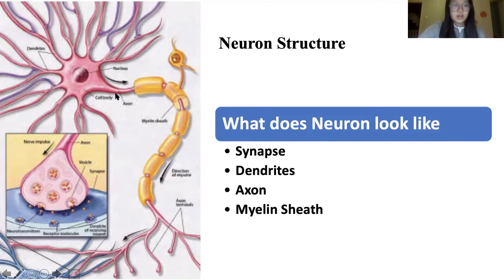The axon extends from the cell body and goes onto the nerve terminals.